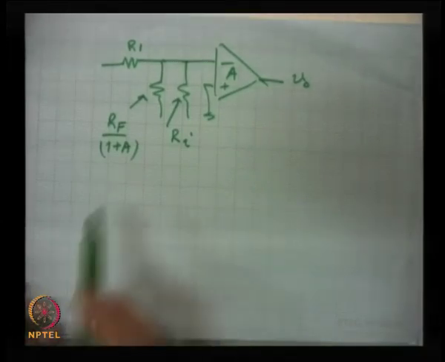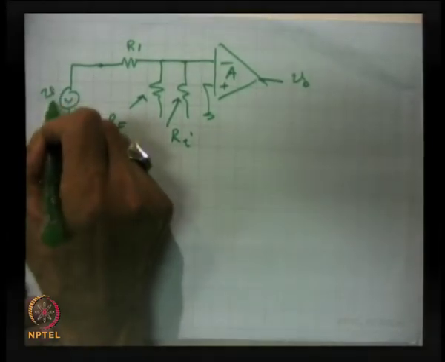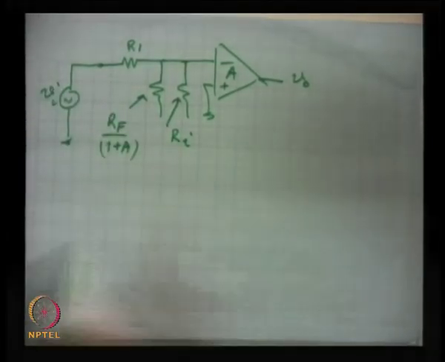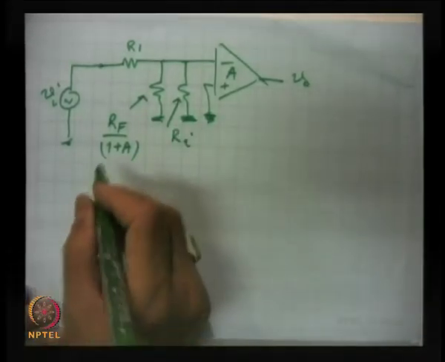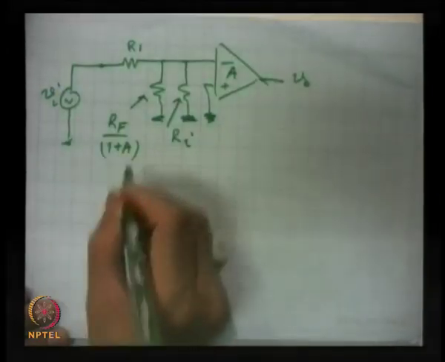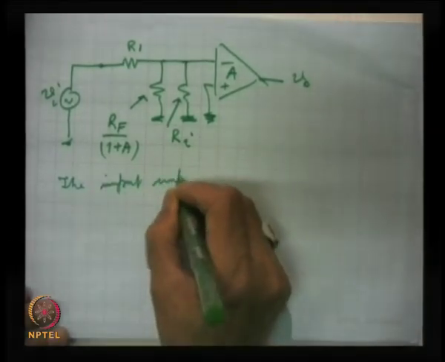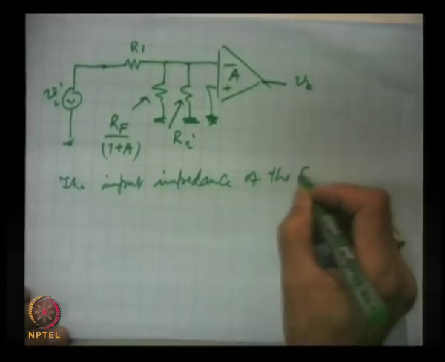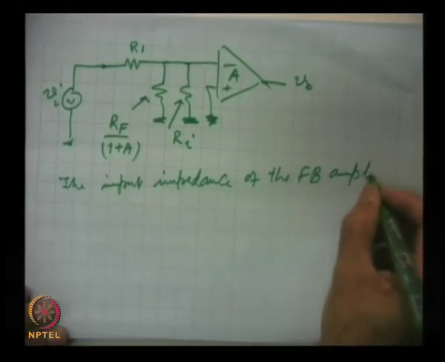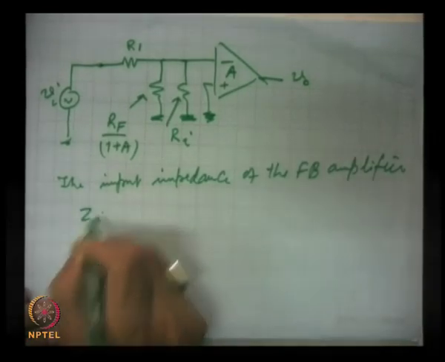So, we transform it to its equivalent at the input, and this is R1, and of course, here this is Vi. So, at the input the net resistance of the feedback amplifier, the input impedance of the feedback amplifier becomes Zi with feedback.